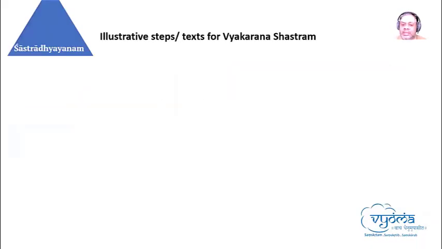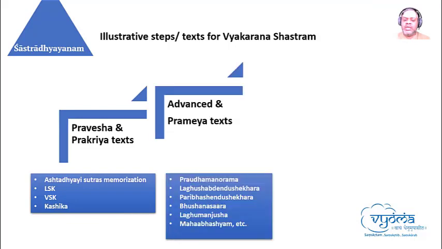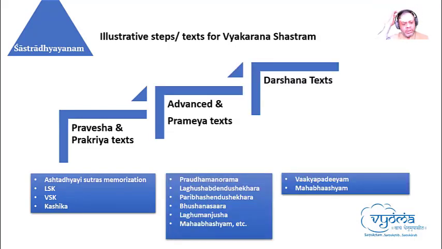The third is the Shastra Adhyanam, and each Shastra, Vyakarana Shastra, Nyaya Shastra, Mimamsa, each Shastra has to be dealt with in a proper way. So each Shastra has got a specific route. With respect to Vyakarana Shastra, you have a three-step approach, wherein first you understand the basics of Vyakarana, and there we call it Pravesha and Prakriya text.